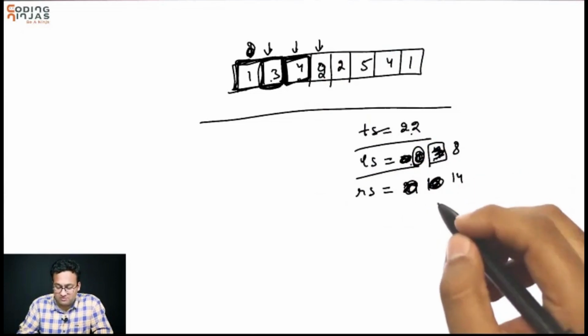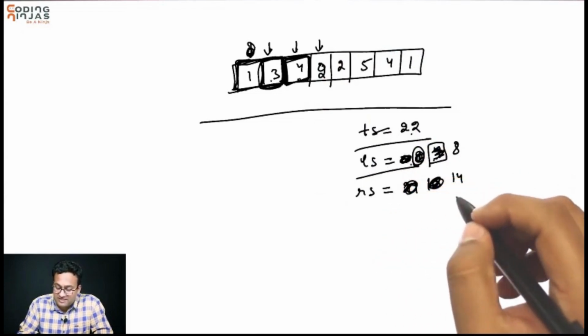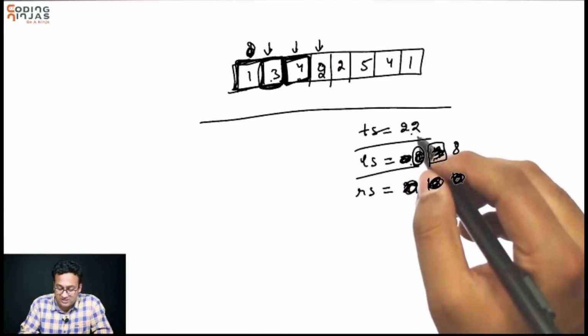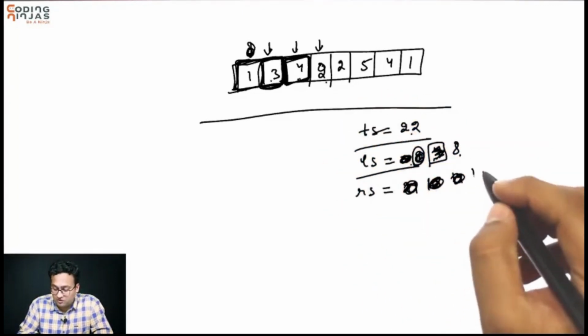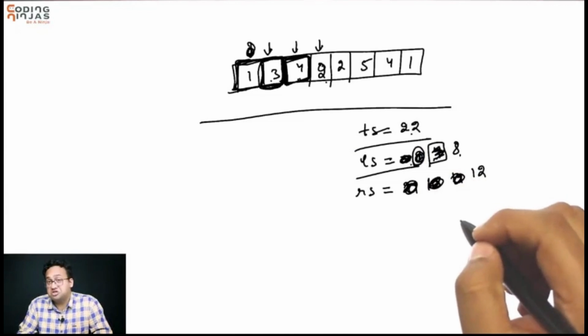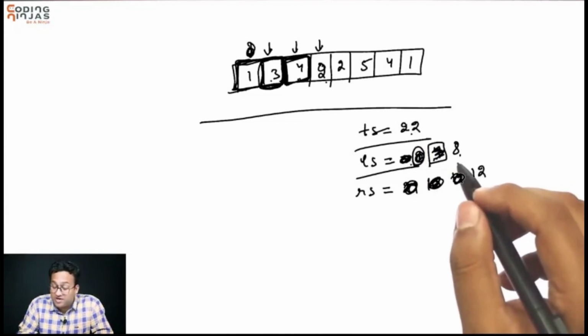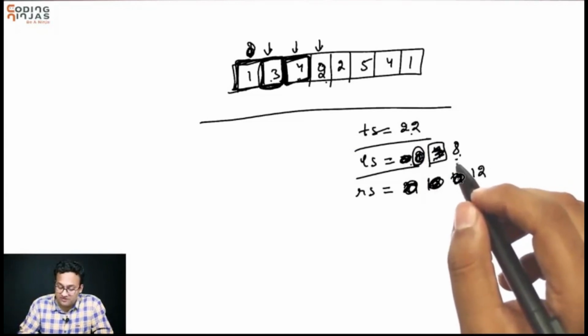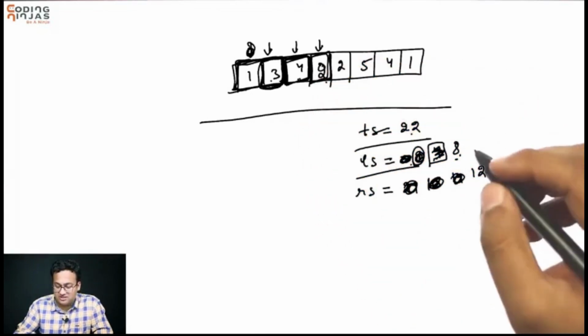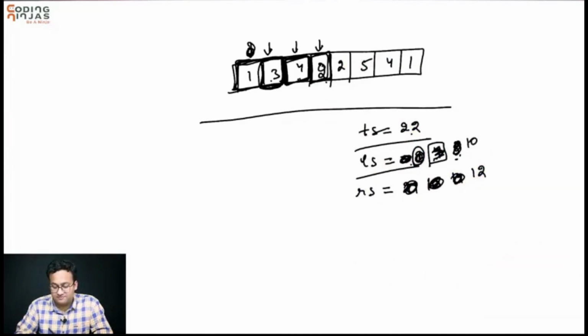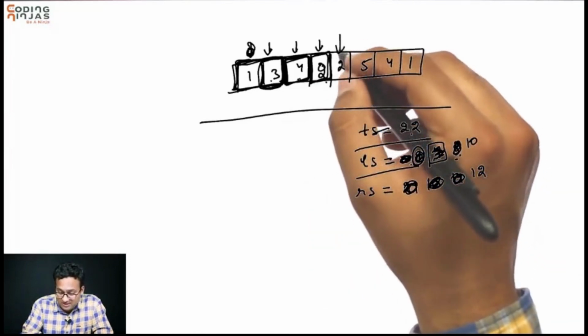Now you come to the next number, you find your right sum again. How do you find right sum? Total sum minus left sum minus the current element, 12. Are these equal? They are not equal. So you update your left sum. How do you update your left sum? You add the current element to the existing left sum. So it becomes 10. Now you come to this index.